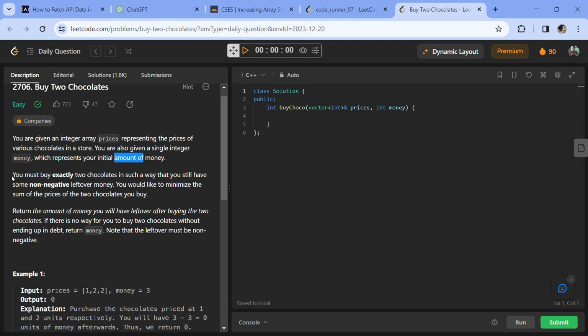Then you must buy exactly two chocolates in such a way that you still have some non-negative leftover money. You would like to minimize the sum of prices of the two chocolates you buy.